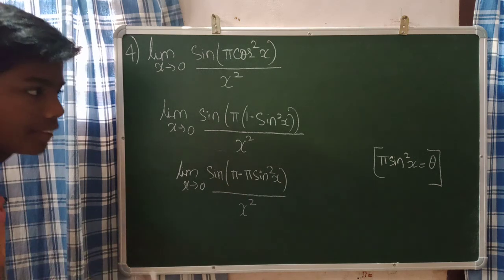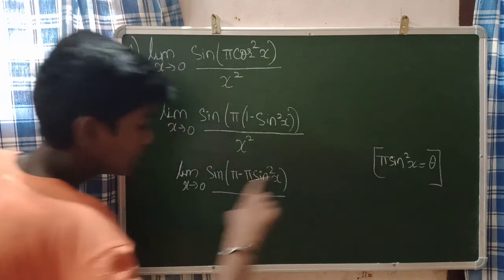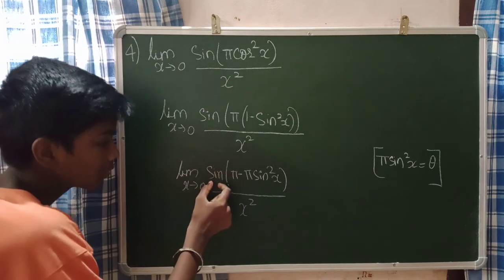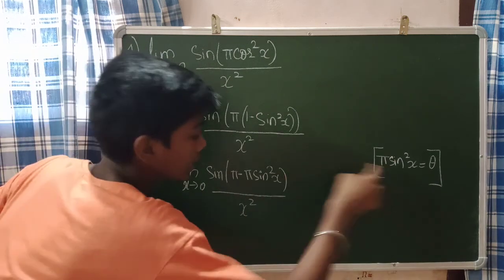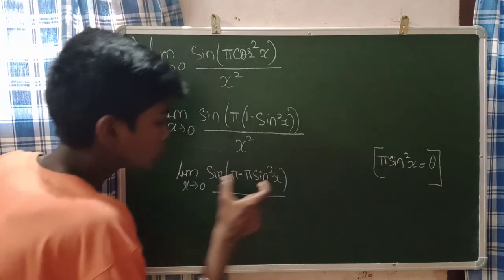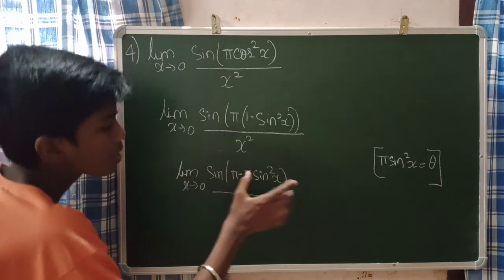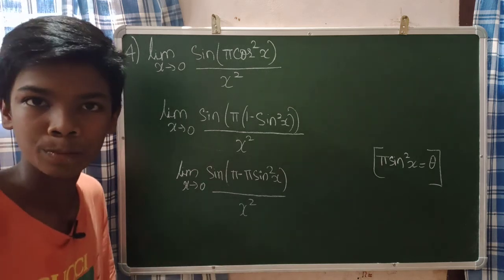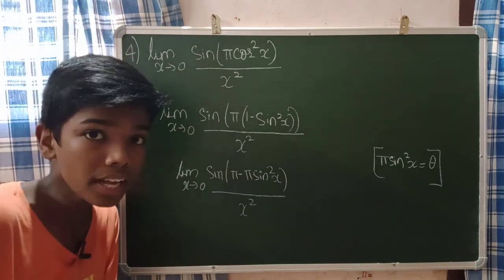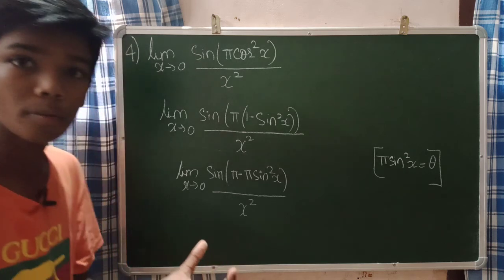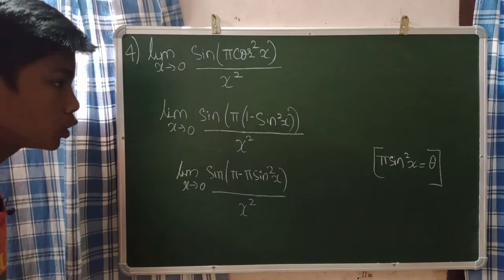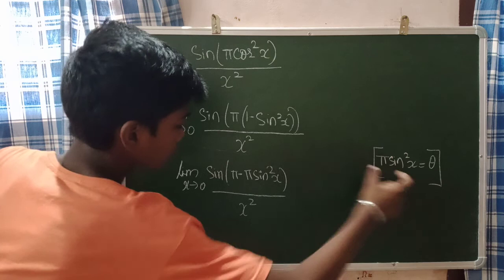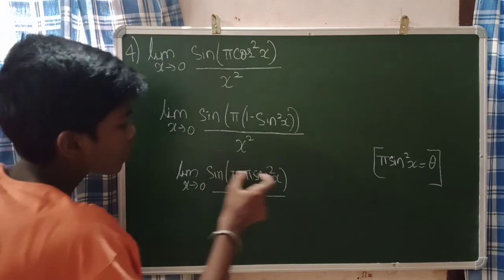Correct? When I take pi sine square x as theta, then the numerator looks like a form of sine of pi minus theta. What is sine of pi minus theta? Sine theta. That is why I said you should be pakka in trigonometry formulas before solving this.